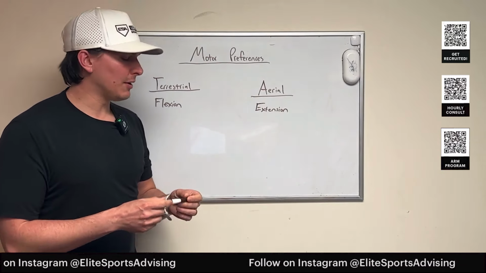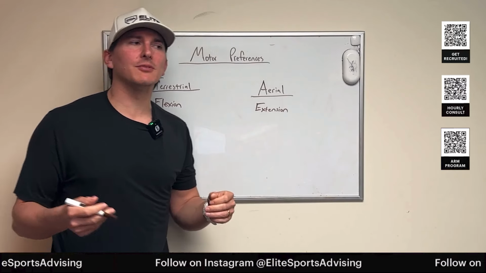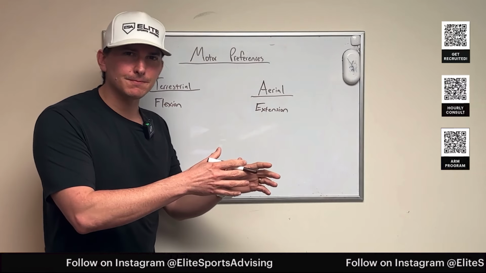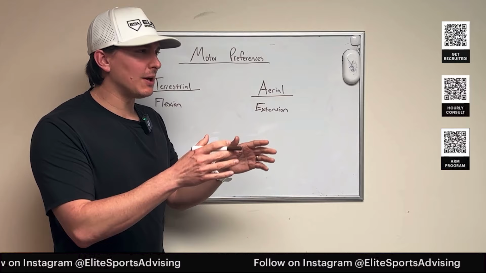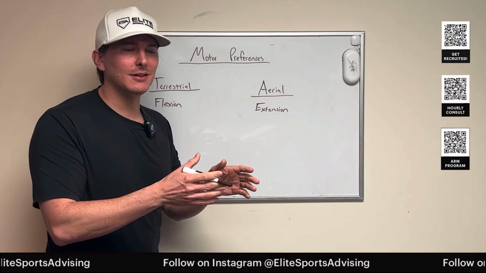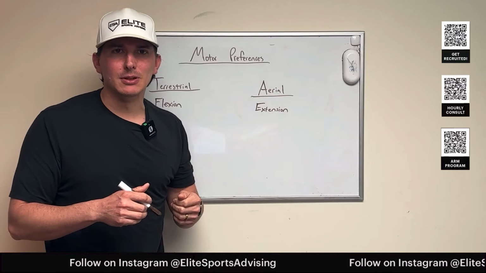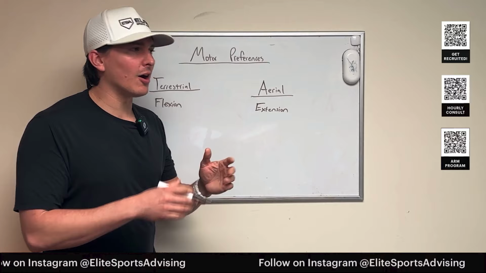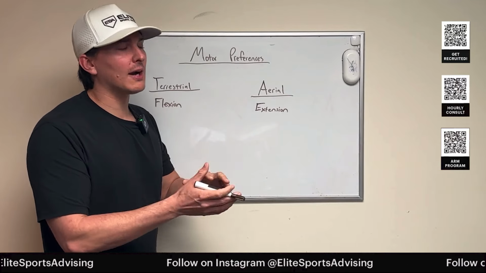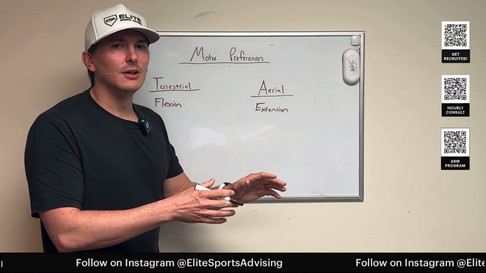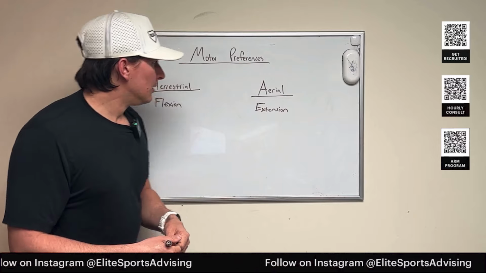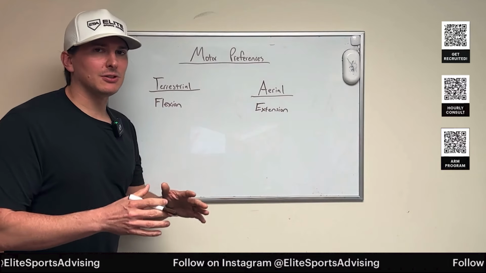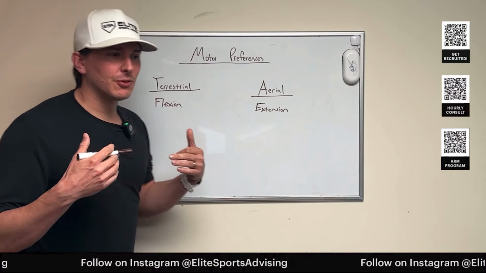And one of the core principles of motor preferences is, if you're watching a player do a drill and no matter what he's trying, he cannot make it look good, it's probably not the drill for him. Because his motor preferences are not going to be treated correctly in this drill to allow him to have success. So terrestrials prefer flexion, aerials prefer extension.